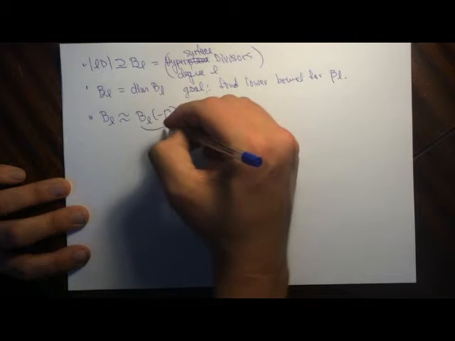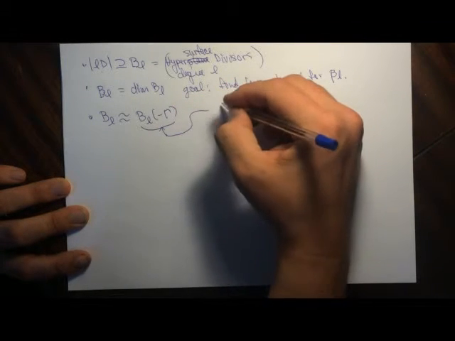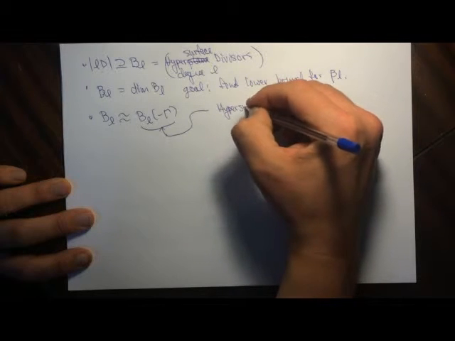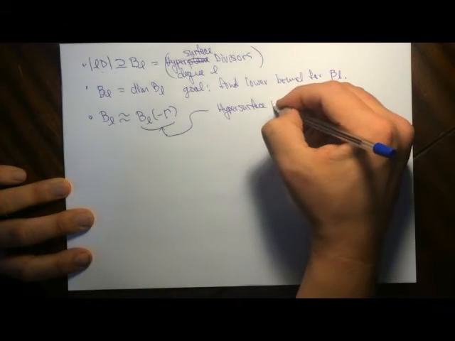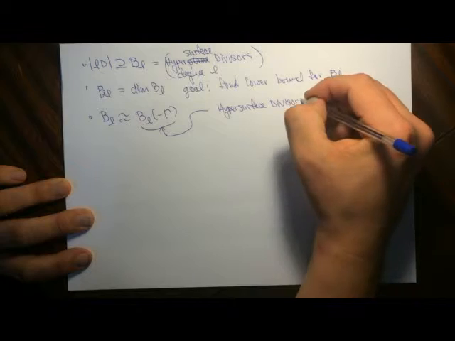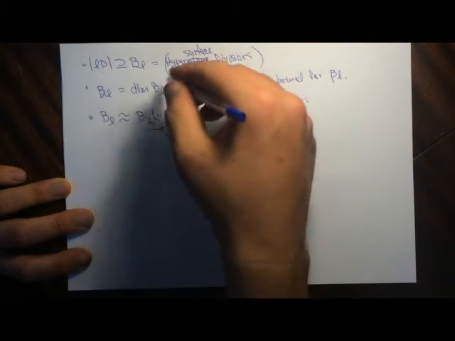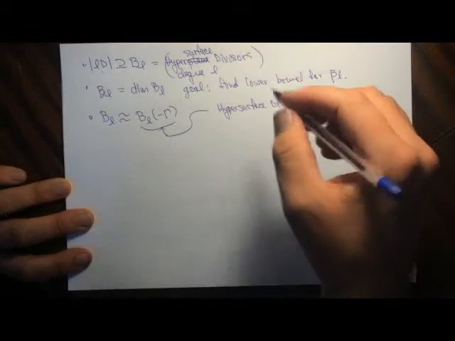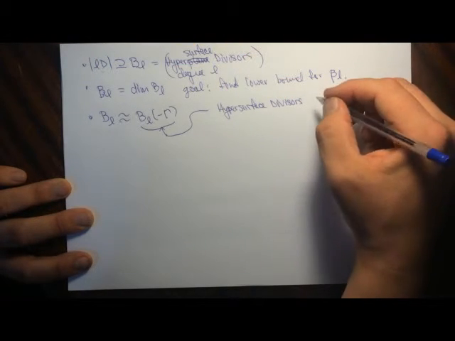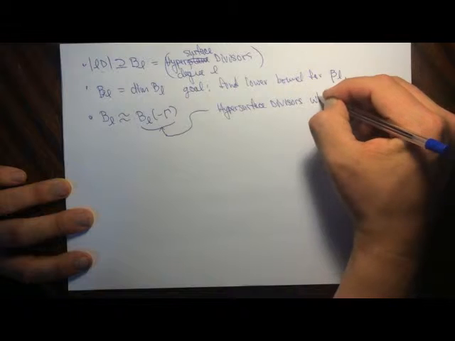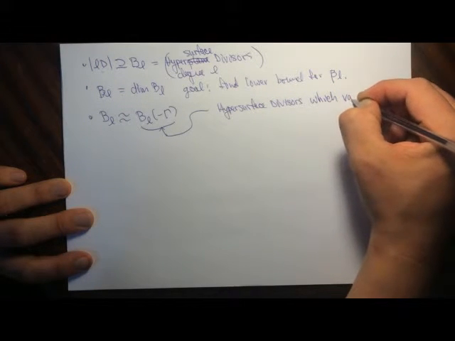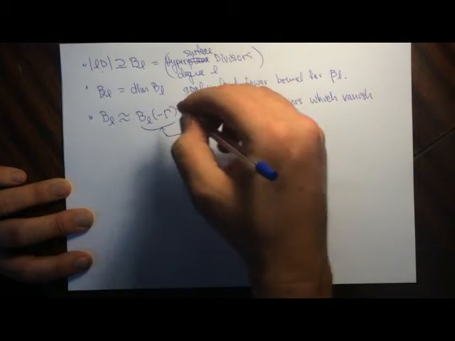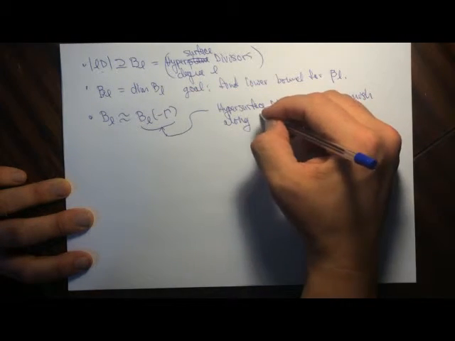Here, these are going to be hypersurface divisors, linearly equivalent to L, the effective ones, which vanish along the pullback of a hyperplane section gamma.